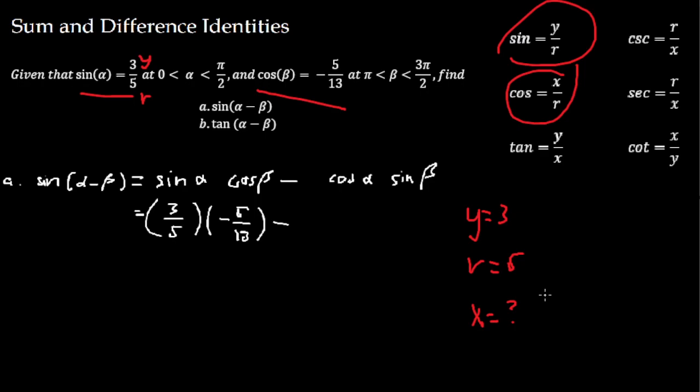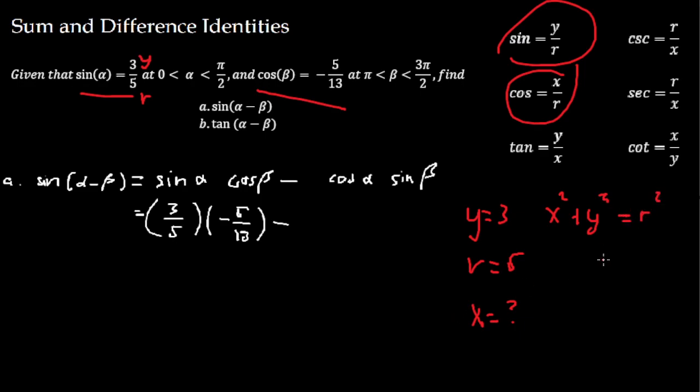Using the Pythagorean theorem, we can find the value of x. The Pythagorean theorem states that the sum of x squared and y squared will be equal to r squared.